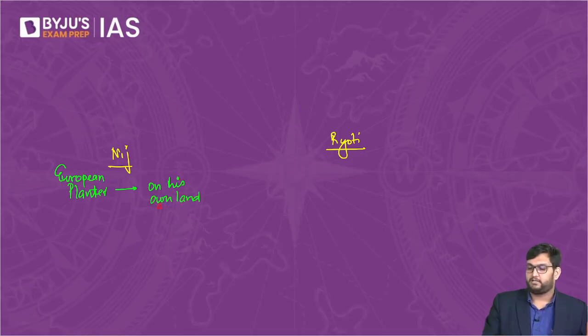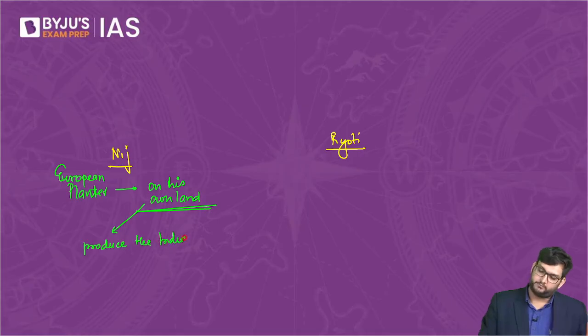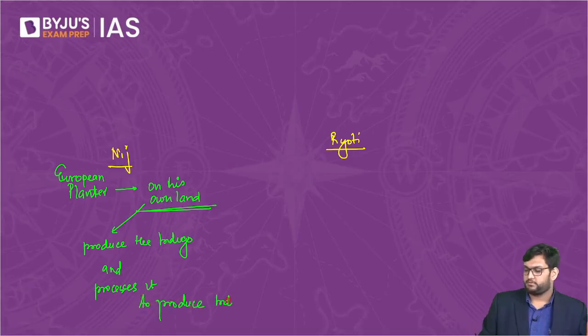On his own land, he is going to produce the indigo and process it to produce indigo dye.